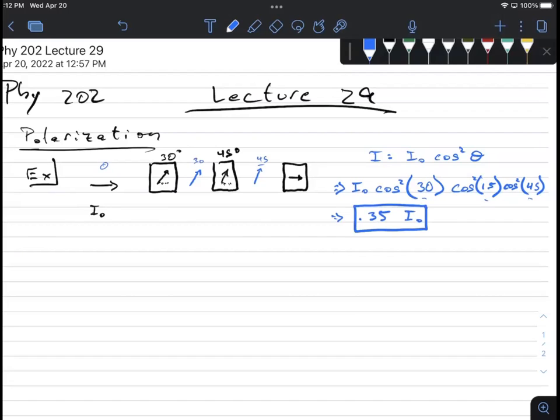It means that whatever the intensity of light starting was, I only get 35% out of the system. So obviously it shaded it. It darkened the light. A lot of the light was lost, but some of it makes it through. This is how much makes it through. So are there any questions about this particular example?